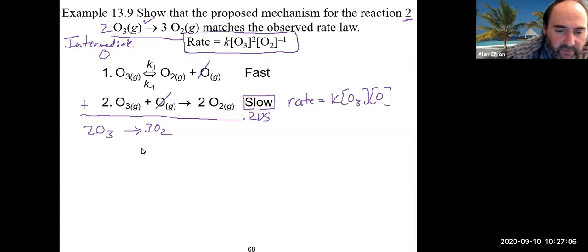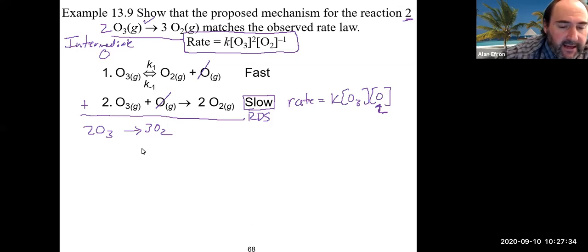But just like the previous example, we have a little problem here because in our rate law for our slow step, we have our intermediate. And again, we can't really compare them at this point because it's not that apples to apples sort of comparison. So just like last time, we need to use some other steps in the mechanism to figure out the actual rate law and kind of get rid of the O.